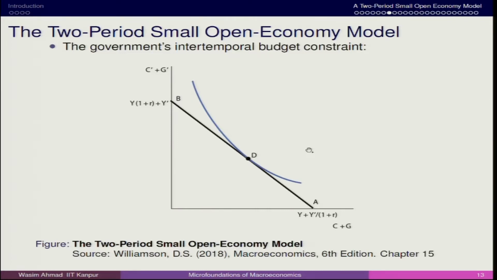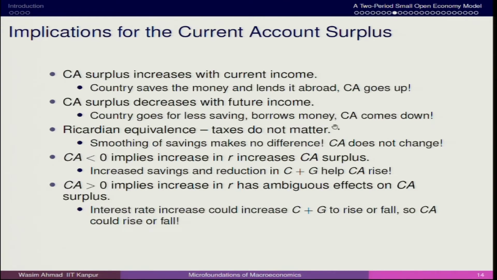We will be further working out comparative statics, and then it will be easier to understand. Now, once I talk about the current account surplus, you have to keep in mind certain things.